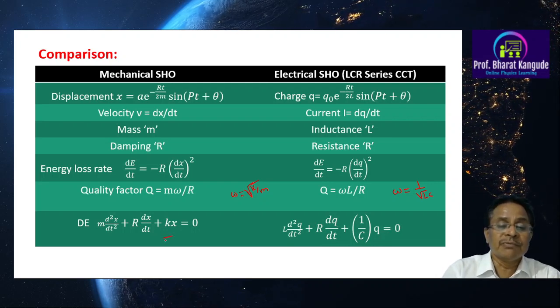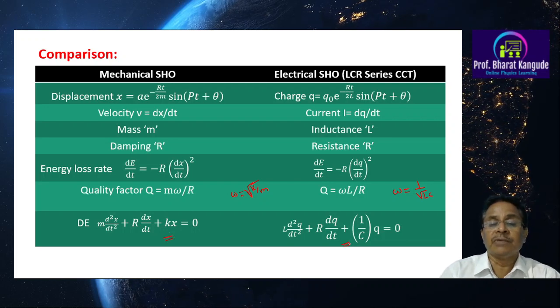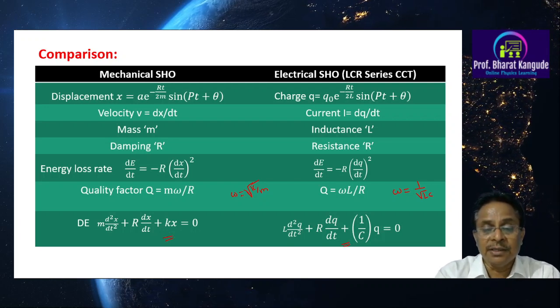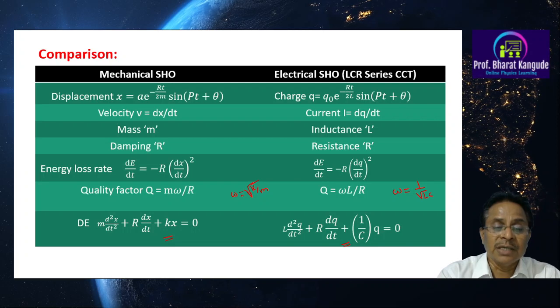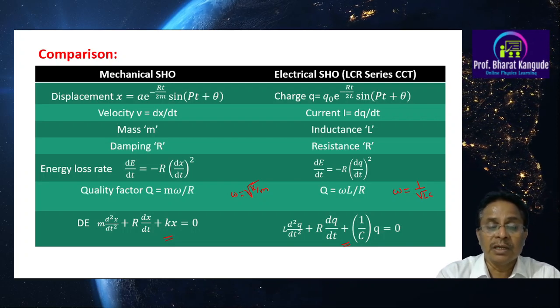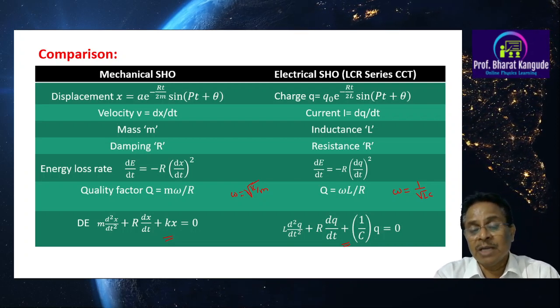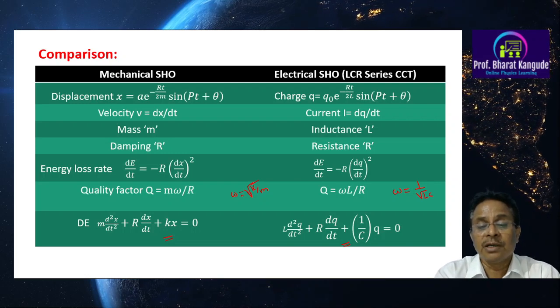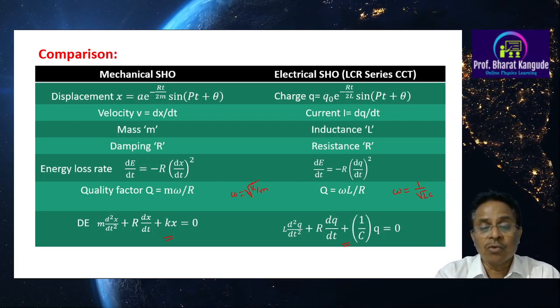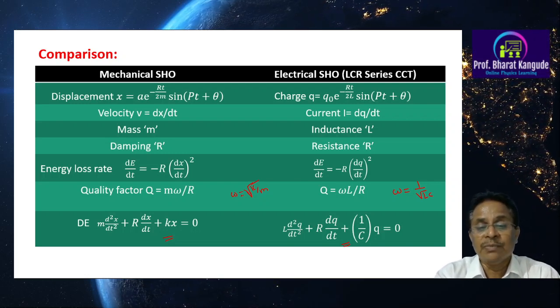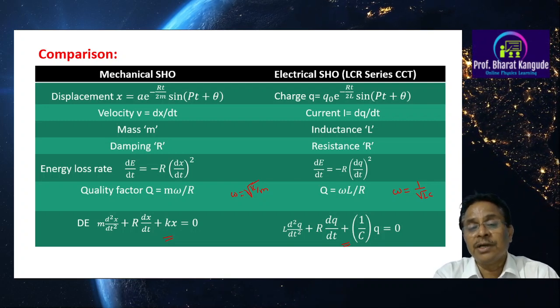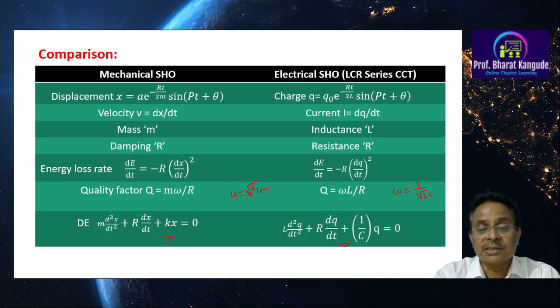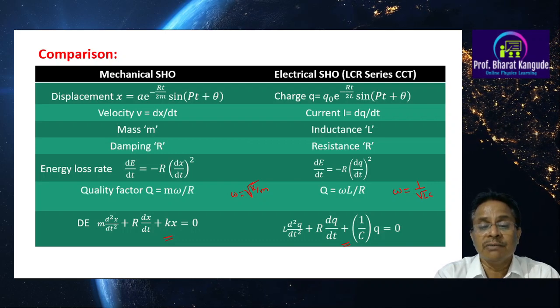So the form of these two differential equations is exactly identical. Whatever methods and aspects we have seen in the case of the mechanical damped harmonic oscillator can be applied to this electrical damped harmonic oscillator. We only have to replace the physical quantities by the corresponding physical quantities here, and otherwise we can study all these oscillators very simply.